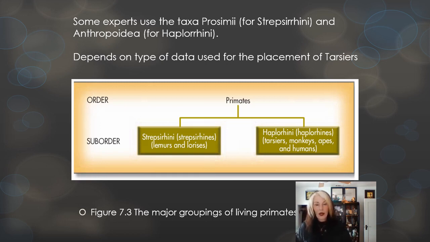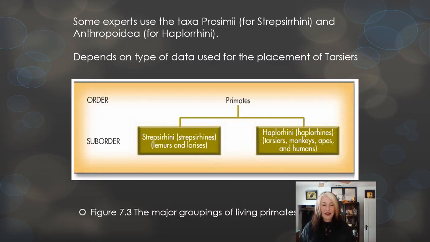But we're going to learn about taking a look also at another way of dividing the living primates on the planet today, about 250 species, into either the group called Strepsirhine, or in English, Strepsirhines, and the Haplorhine, or in English, Haplorhines.